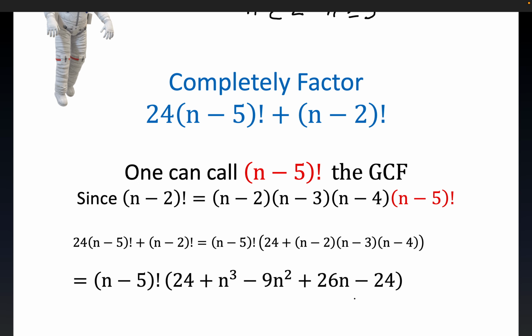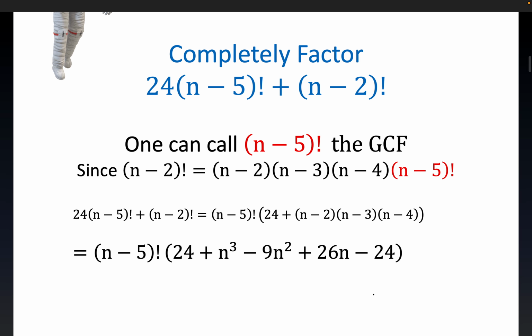And I didn't bore you with the multiplication of these linear factors, but this is the polynomial you end up with: n cubed minus 9n squared plus 26n minus 24. Now we catch a break here, which makes the result sort of interesting in my opinion. The 24s do cancel and an n will factor out of this, and so we'll end up with n times n minus 5 factorial times a nice little polynomial that's irreducible.